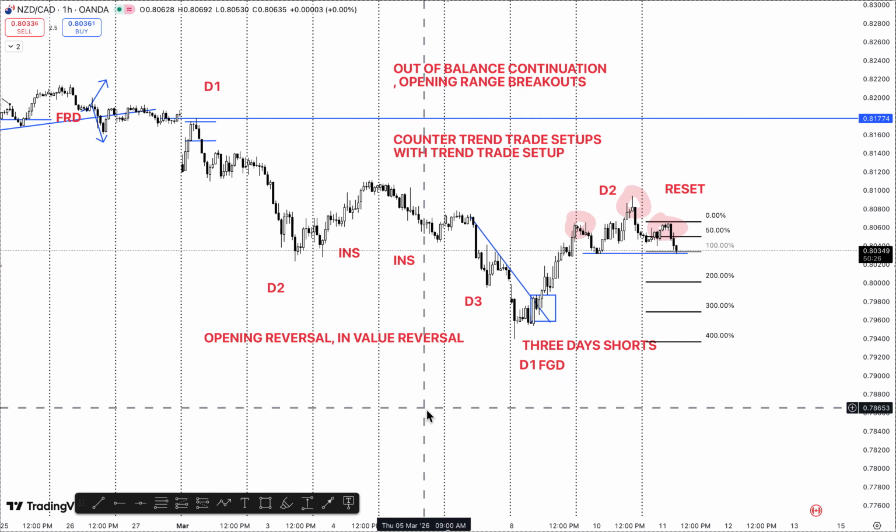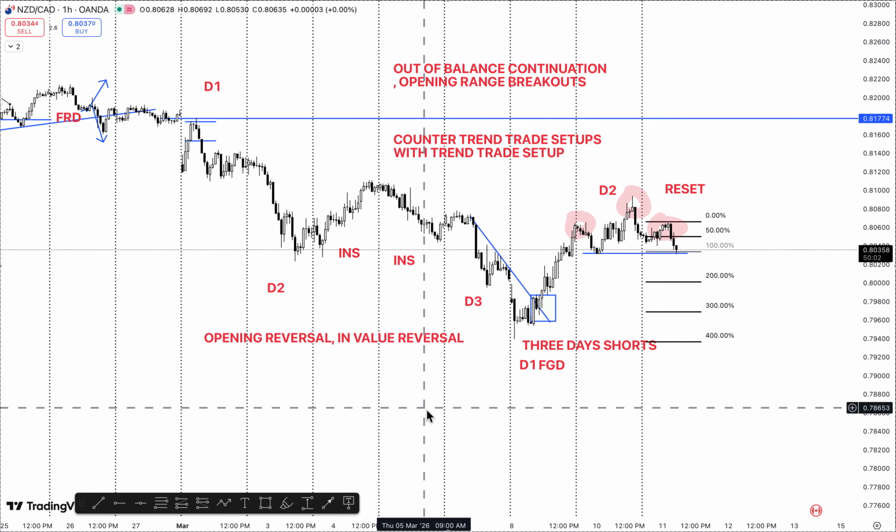So in a weekly template, do we have a breakout template or a 3-day template? Did they close in breakout in a 3-day template? Did they close in breakout in a breakout template?